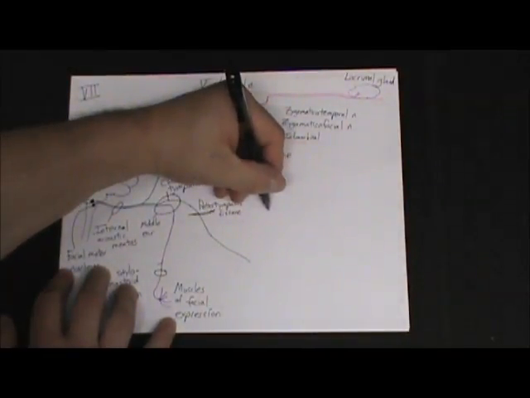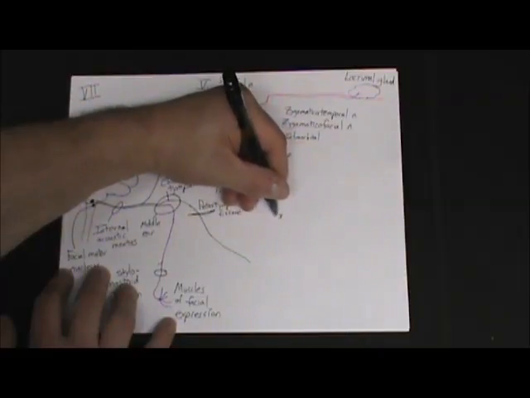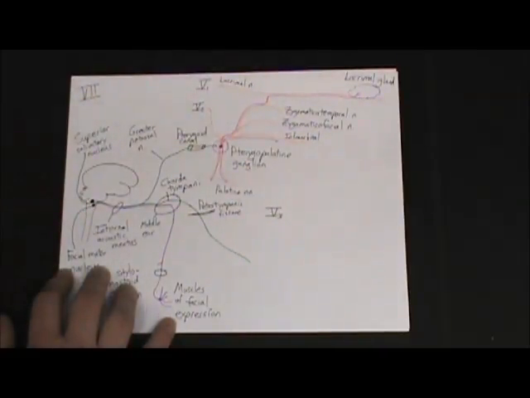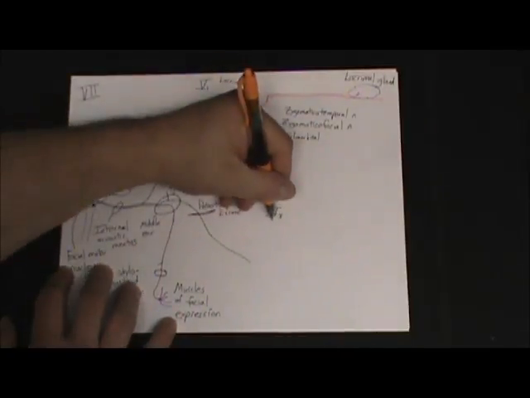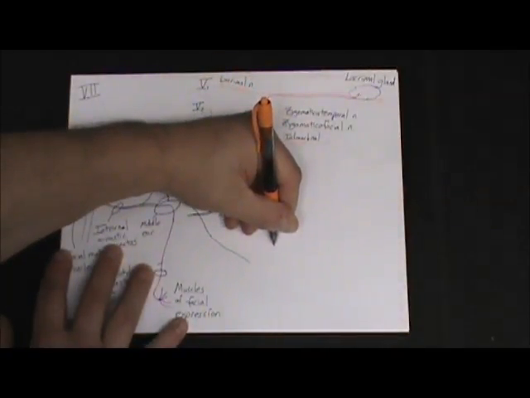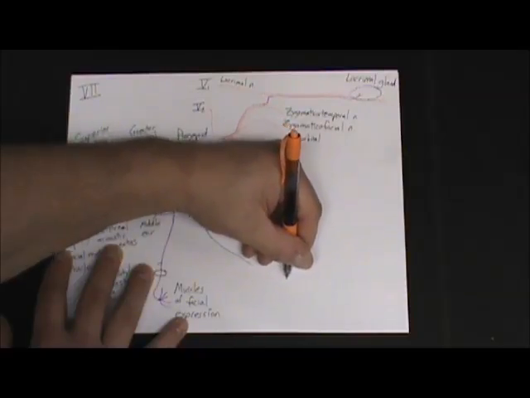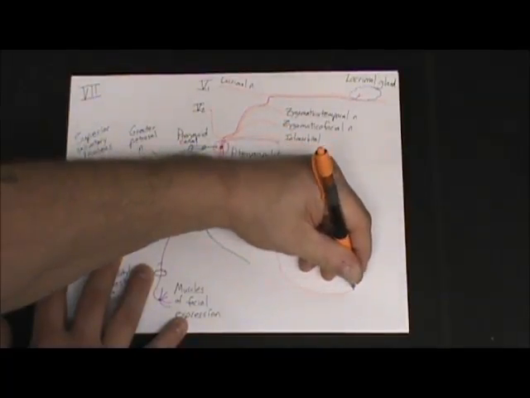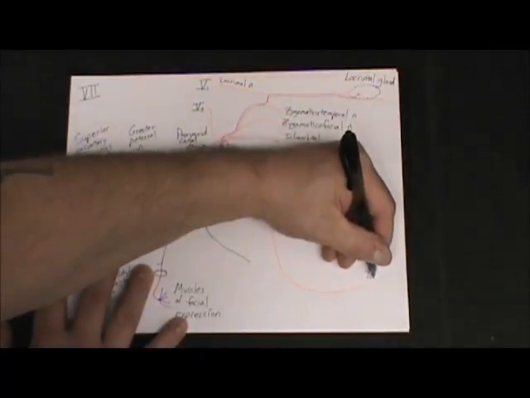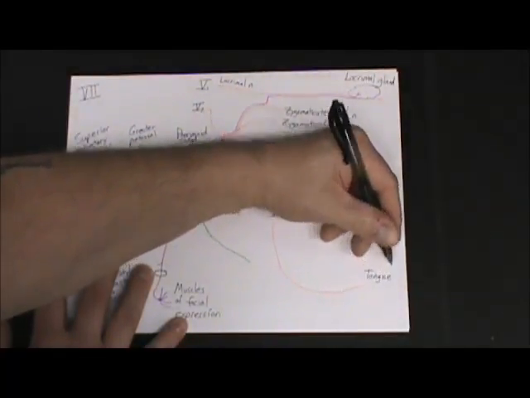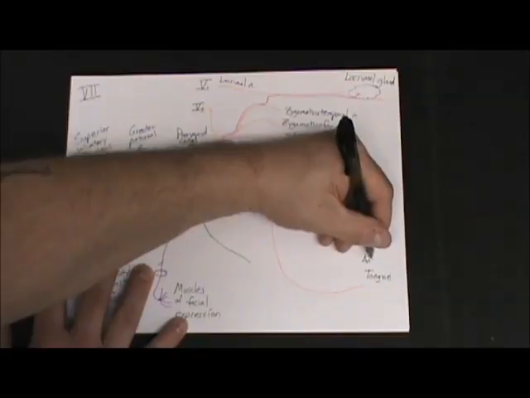As usual, it's going to have to get on a branch of the trigeminal to get there. And the branch it travels on is a branch of V3, the mandibular division of the trigeminal nerve. Specifically, the lingual nerve is the branch of it that it jumps on. Now, the lingual nerve, its main job is to come down and provide sensation or carry sensory information from the anterior 2/3 of the tongue.